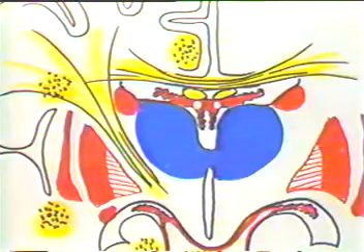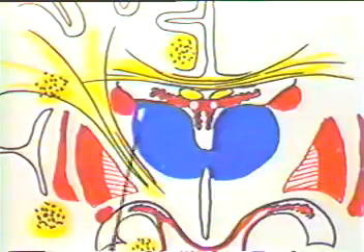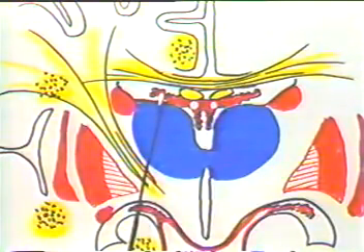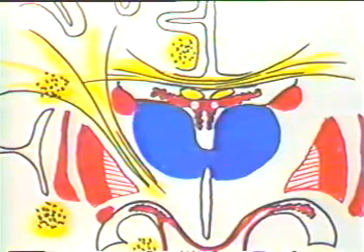In any event, the choroid plexus in the central part of the lateral ventricle here represents an invagination into the ventricle of a highly vascularized connective tissue.